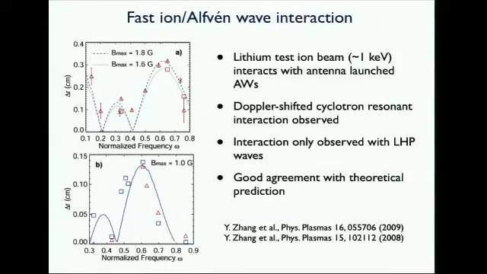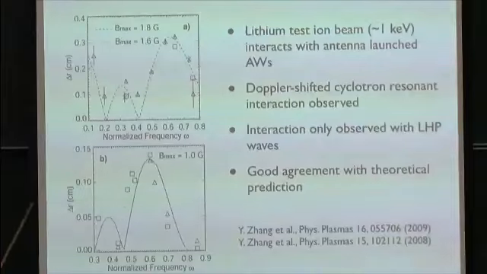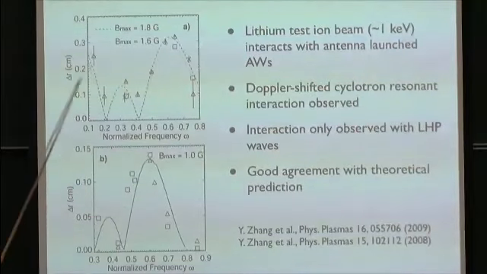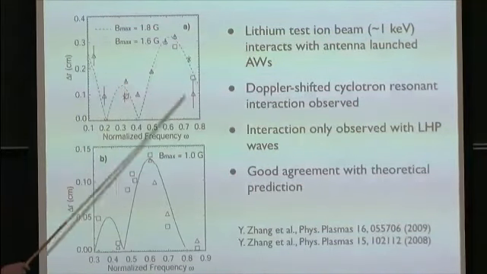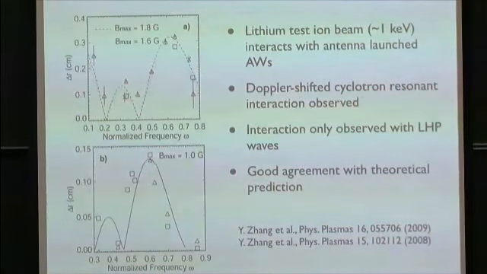For instance, if you put in right-hand polarized waves, the interaction is minimal. Left-hand polarized waves, you get an interaction that you expect. This is a comparison between the spreading of the beam versus frequency of the waves compared to theory, to a Monte Carlo simulation, and you get very good agreement with that.